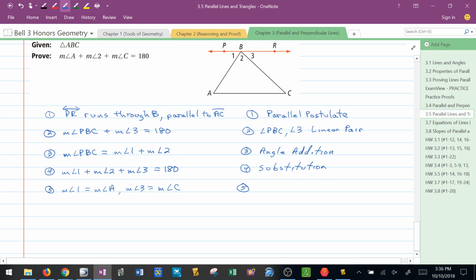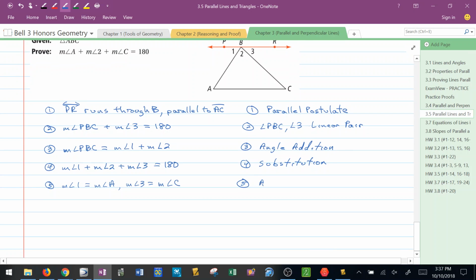Now, do you know why? Remember we created that red line to be parallel to AC. Well, now what we've created is two pairs of alternate interior angles that are congruent. So my reason will be alternate interior angles must be congruent.